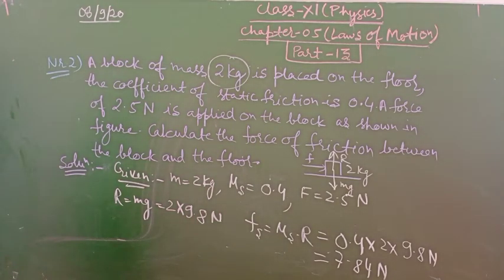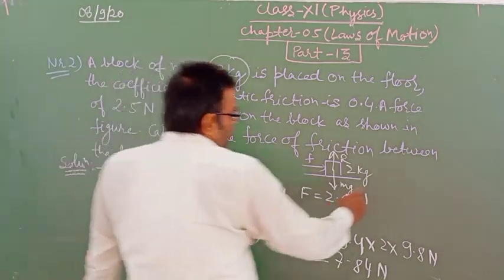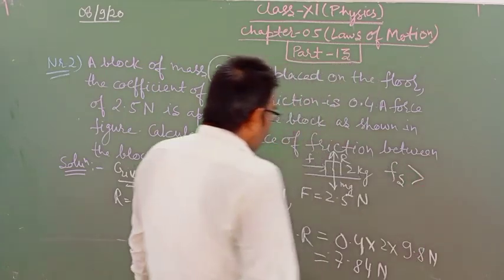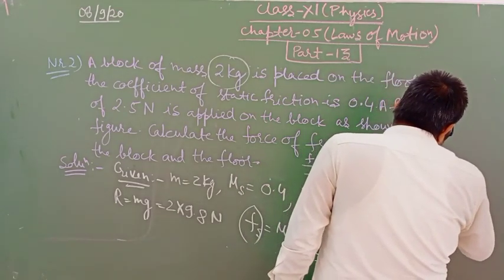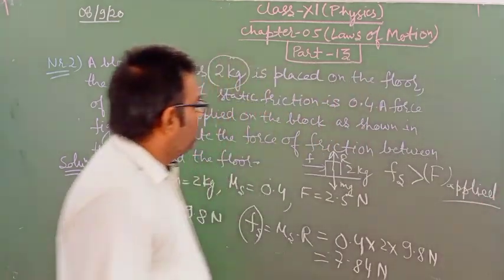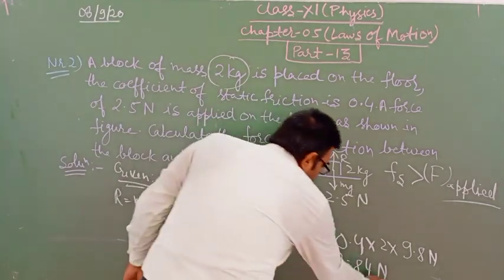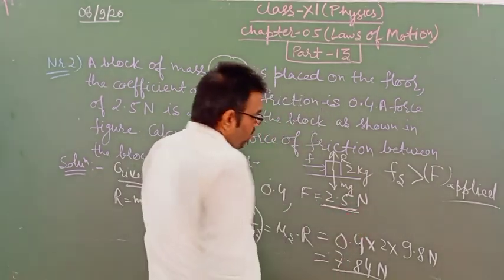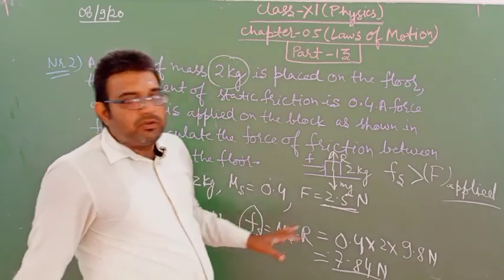So look here students, the force of friction Fs is greater than the applied force F. It means the frictional force is 7.84 Newton and the applied force is 2.5 Newton. So the frictional force is greater than the applied force. Do you think the block will move?